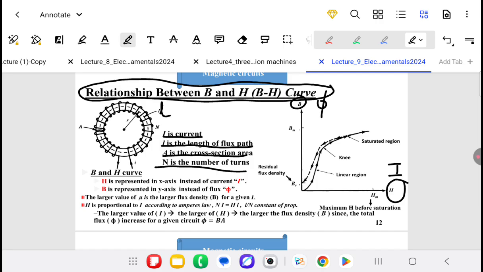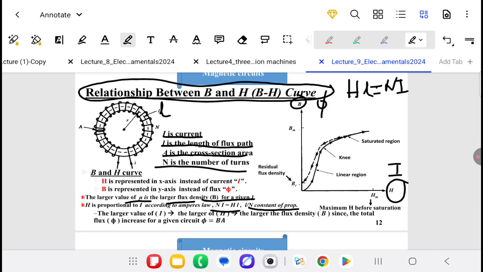As the value of mu, which is permeability, is larger, the larger is the flux density for a given length L. Also, H is proportional to I, where HL equals NI for a toroid having N turns.